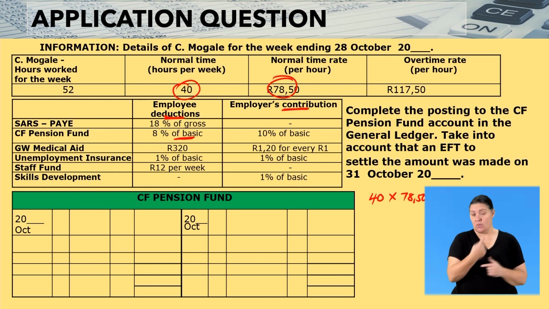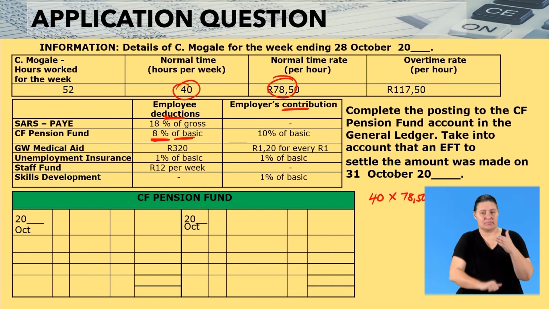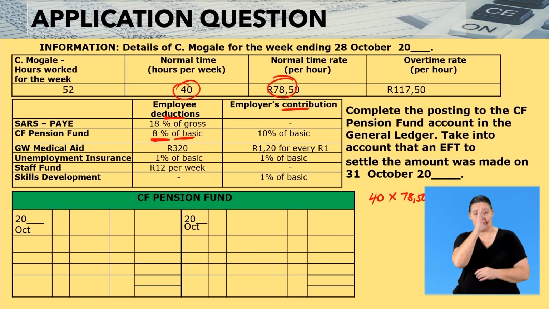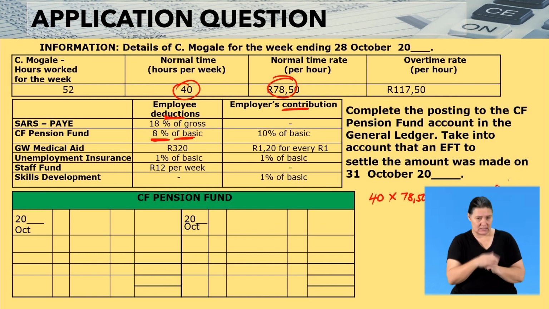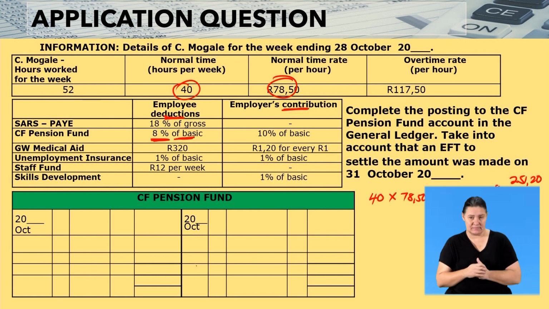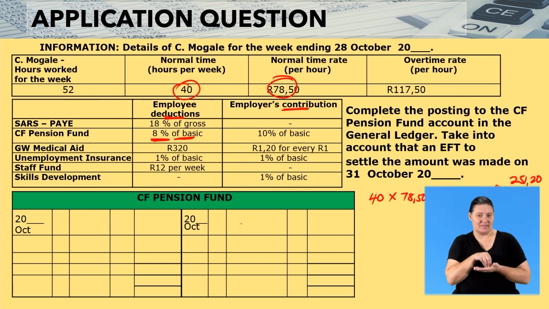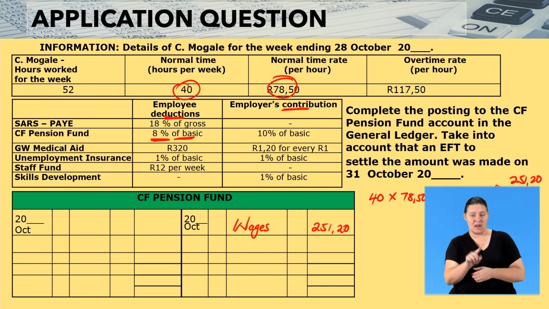Now they're saying we should get 8% of that basic to be the deduction. So 3,140 multiplied by 8% gives you 251 Rands and 20. That is what I bring here now as wages. Remember, that is the deduction, wages, and I'm bringing my 251 and 20.